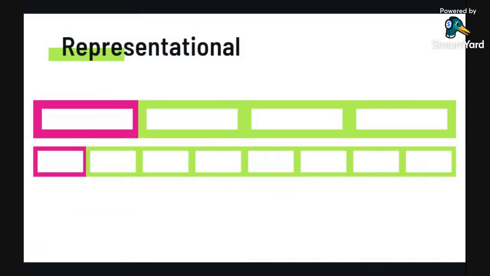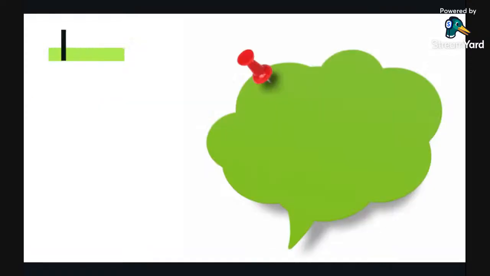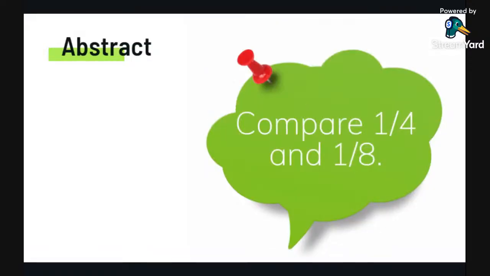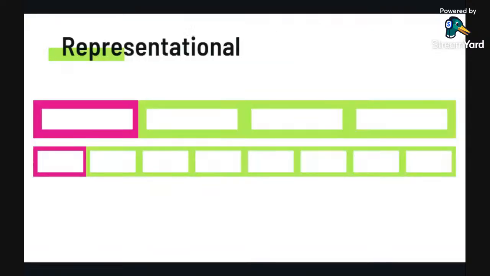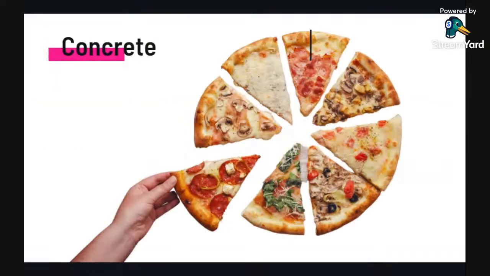Now, for some students, this right here is going to be exactly what they needed to compare 1/4 and 1/8. But for some of your students, this representational model still isn't going to have much meaning to them. So, what can we do if our students still need more support? We can move to the concrete level. There's a whole array of concrete tools we could use with our students to introduce and teach fractions.